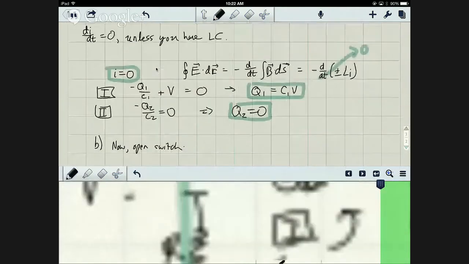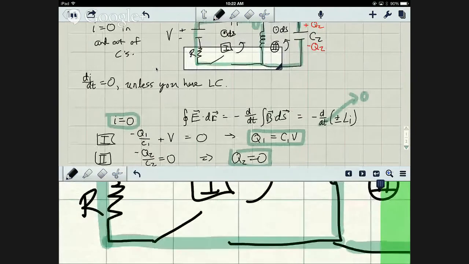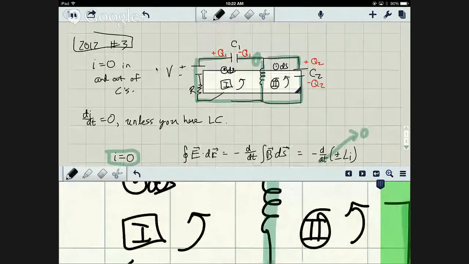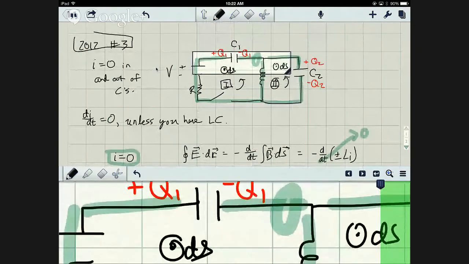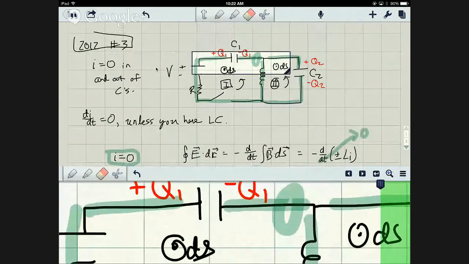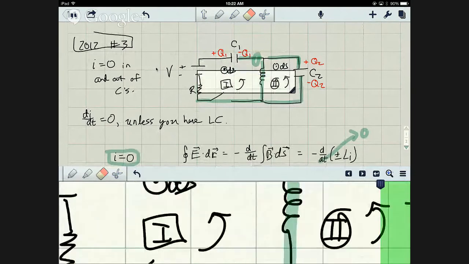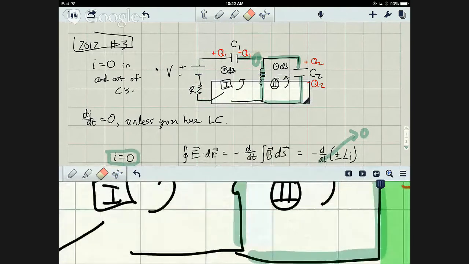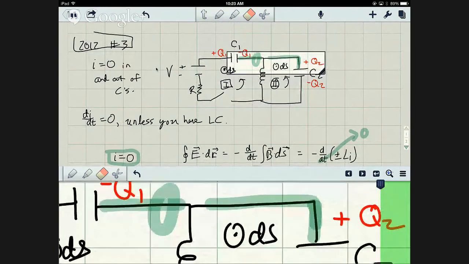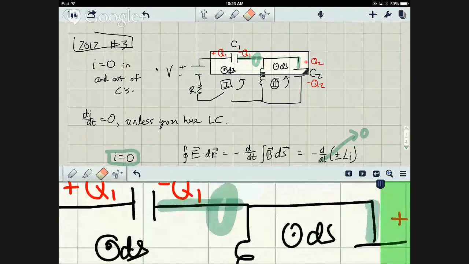So now we open up the switch, and when we open that up, we're going to have an initial charge here. Let's go ahead and erase all this greenness so we can see what's going on.